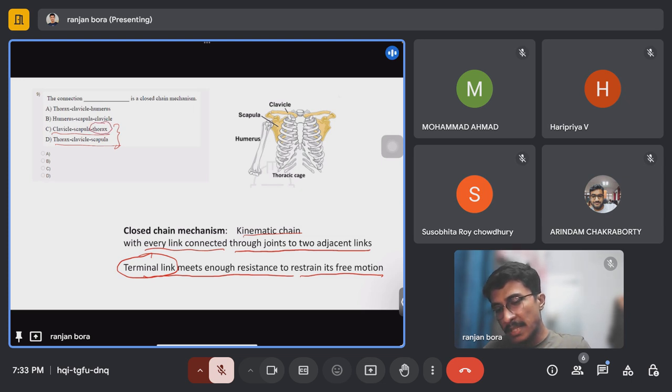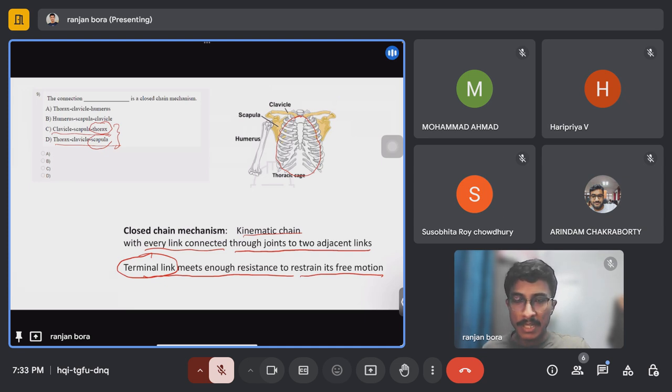And we don't know about the mobility, the degrees of freedom of the thorax, how it can move. But in option D, we have scapula as our terminal link. We already know the scapula is constrained; it cannot move and it cannot rotate.